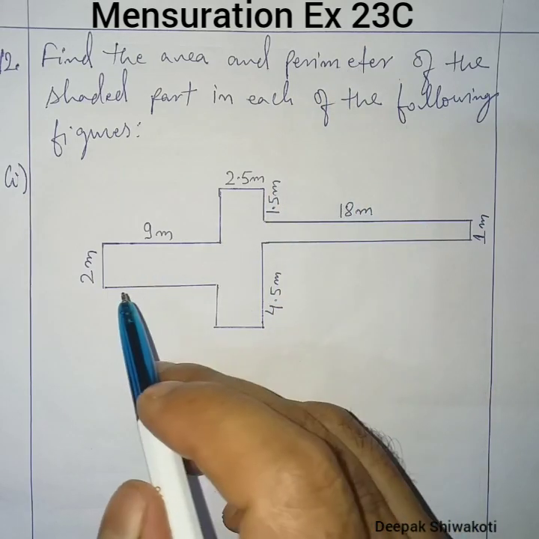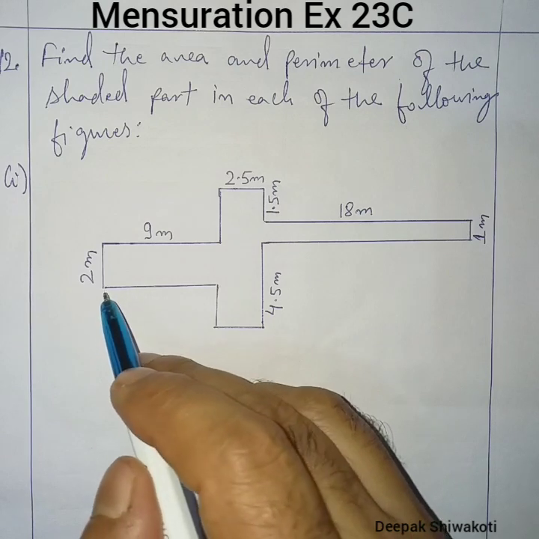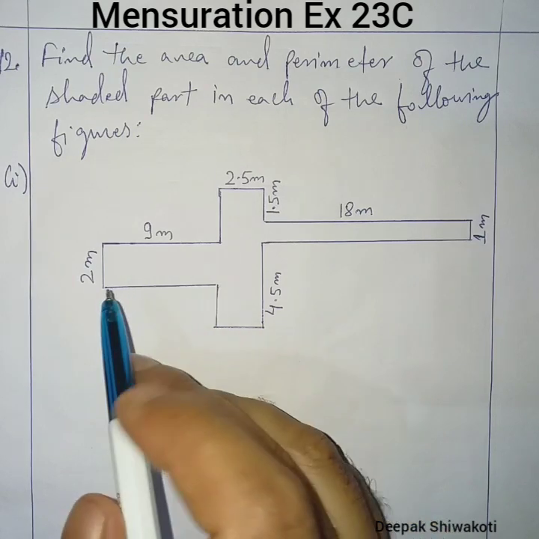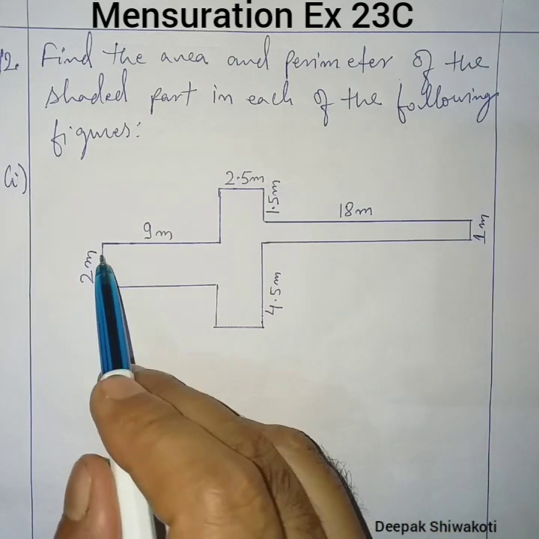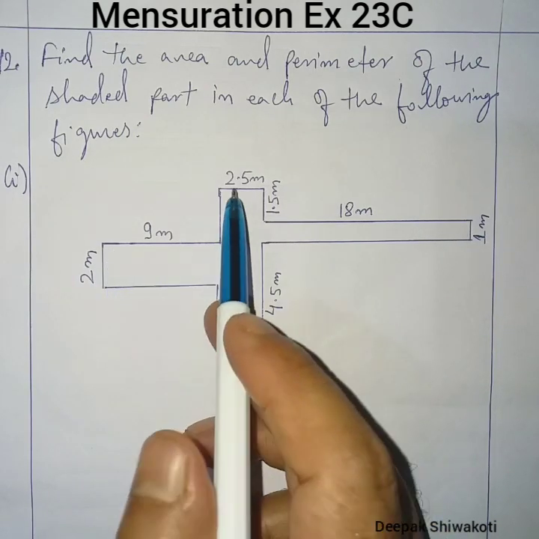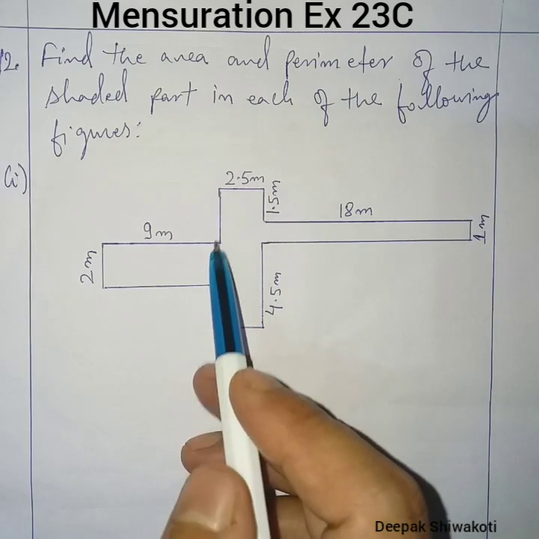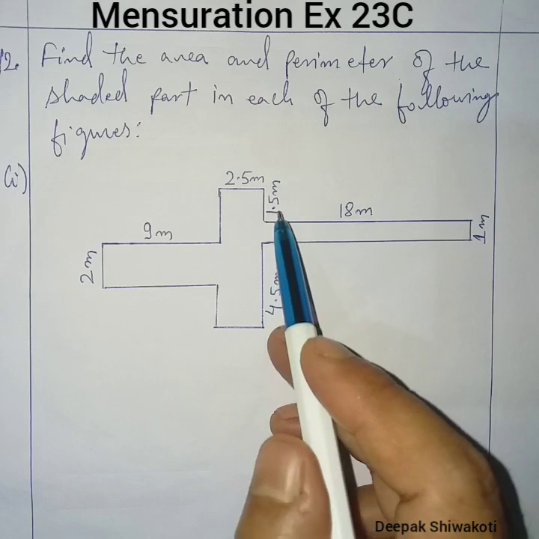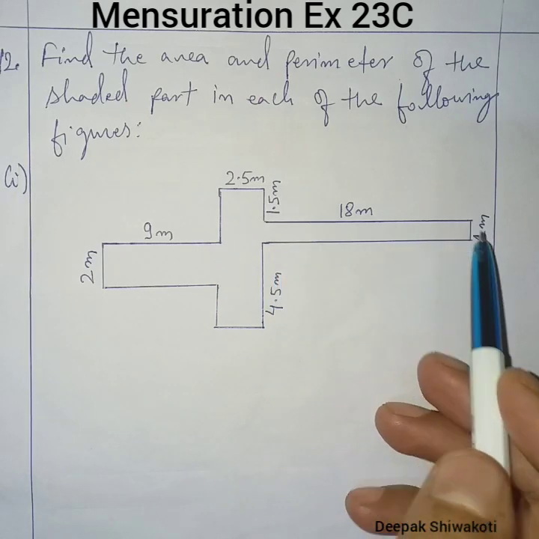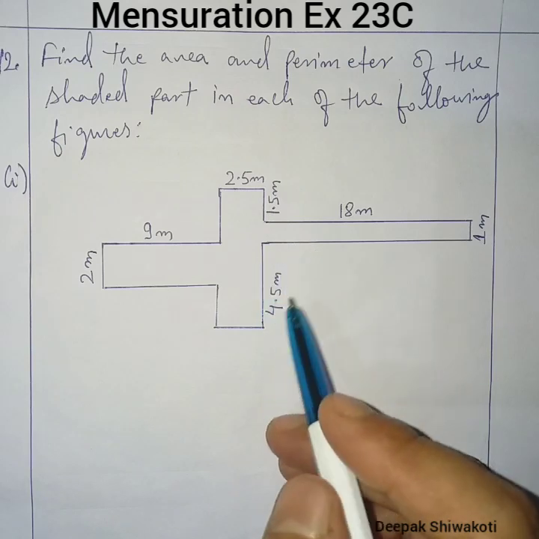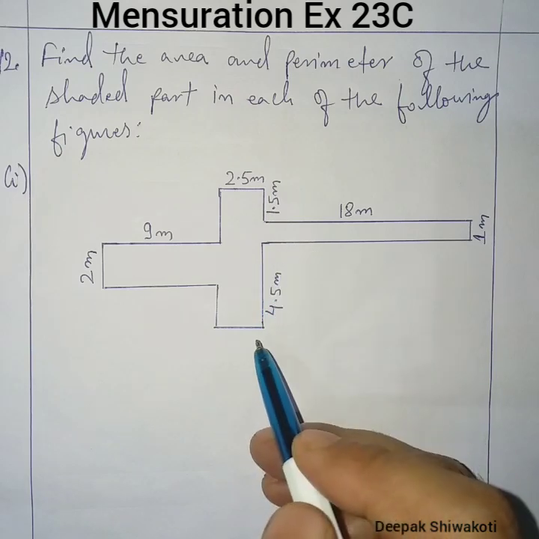Okay, and given is the length of the sides here. So from here let us start the length. 2 meter, 9 meter, 2.5 meter. Okay, this is missing, we have to find out. 1.5 meter, this is 18 meter, here is 1 meter, and this is missing, we have to find out. 4.5 meter, this is also missing.